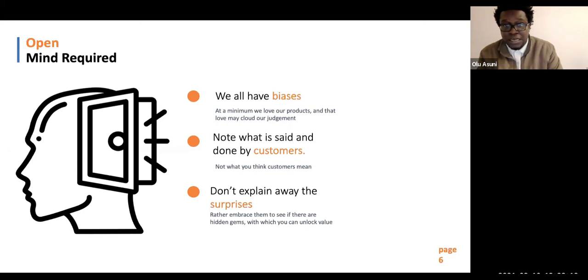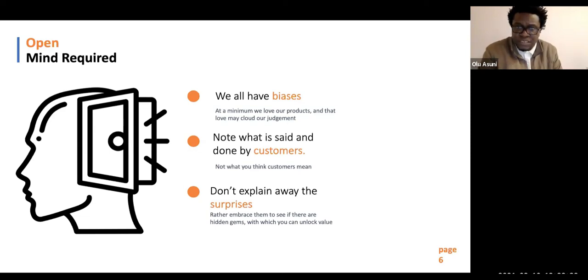We need to note what is said and done by the customers or the users of our products or our services. The risk is that we are quite close to this product, more than anybody else, perhaps only as close as those who are on the team doing the product with us.